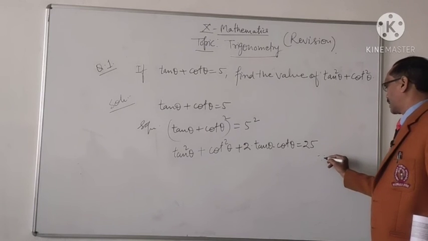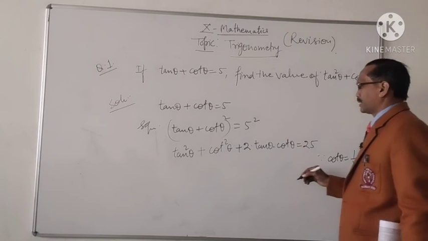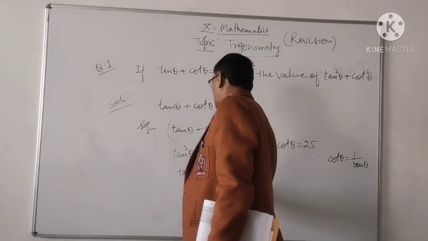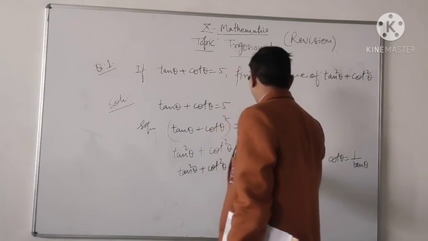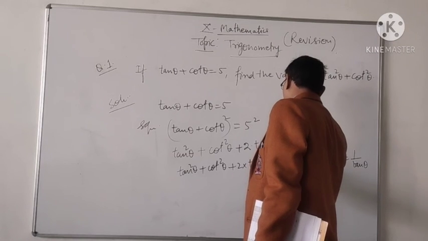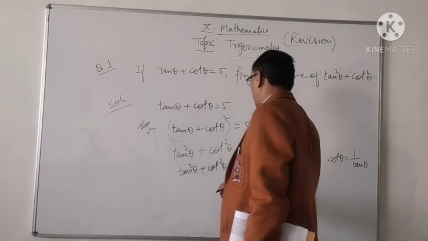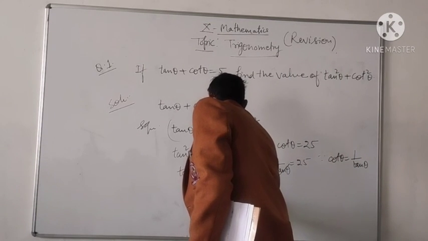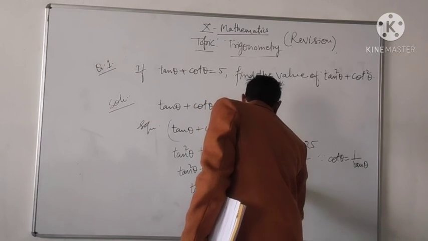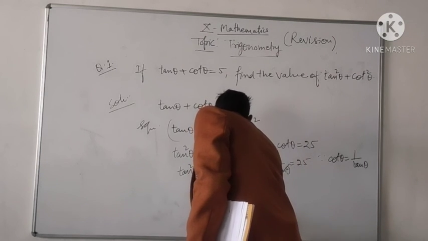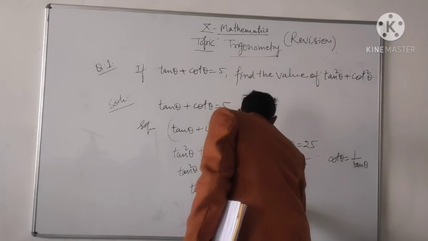Student, since cot theta equal to 1 upon tan theta, therefore it is tan square theta plus cot square theta plus 2 into tan theta into 1 upon tan theta equal to 25. This cancels out. Tan square theta plus cot square theta plus 2 equal to 25. From this we will get tan square theta plus cot square theta equal to 23.